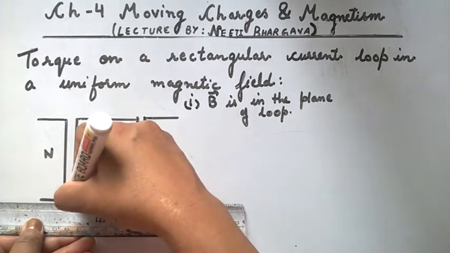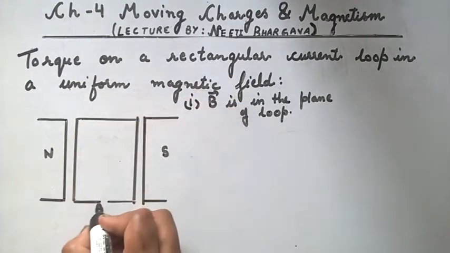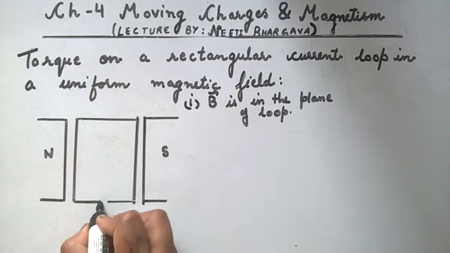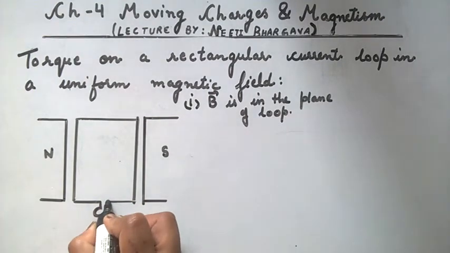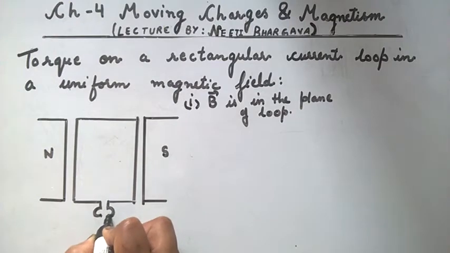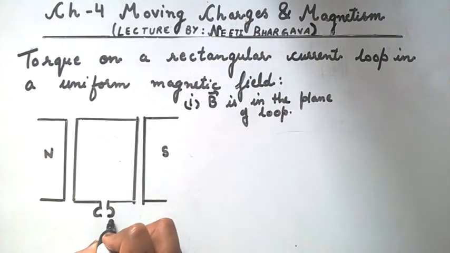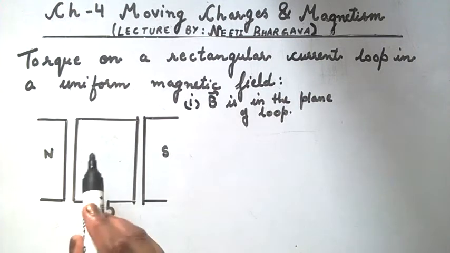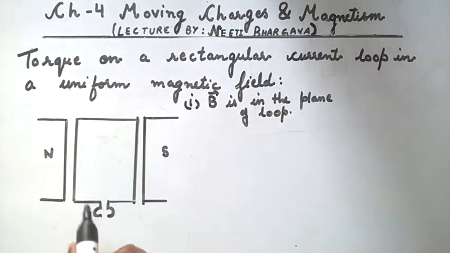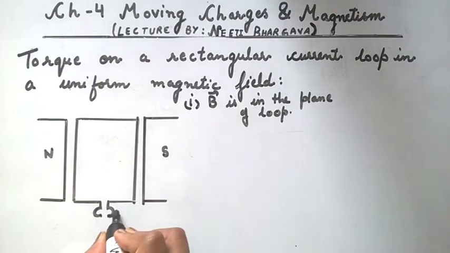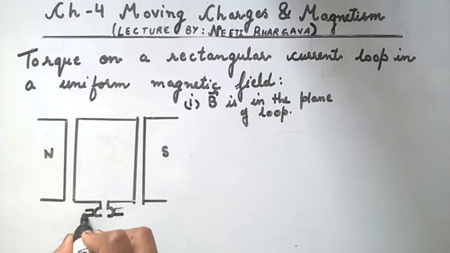The two ends of the coil are connected to a commutator, also known as slip rings, used to reverse the direction of current in every half rotation. Thus, the coil rotates in one direction only, and with this commutator, carbon brushes are connected, and carbon brushes are connected with the battery.